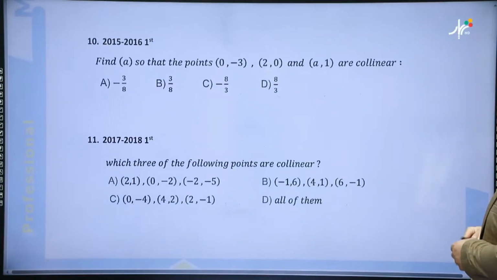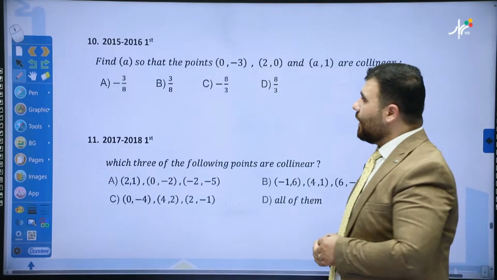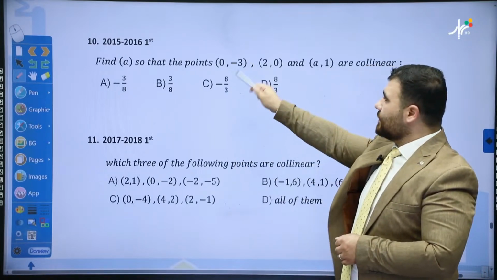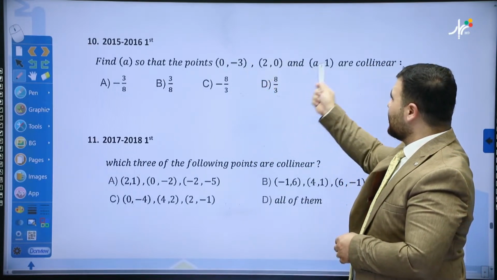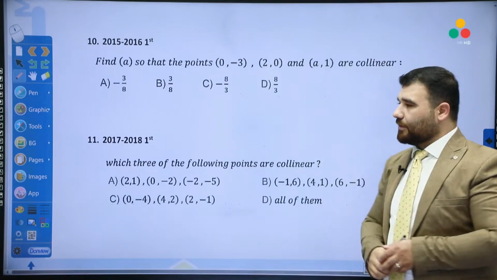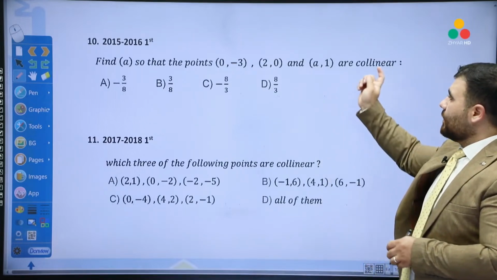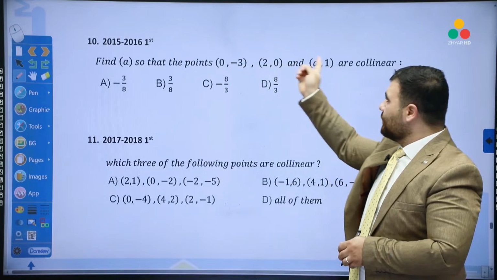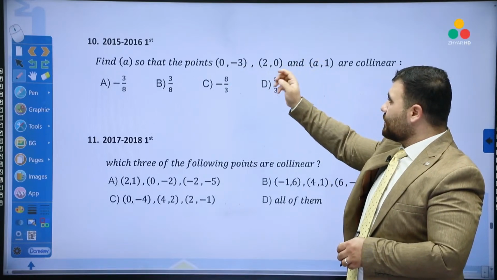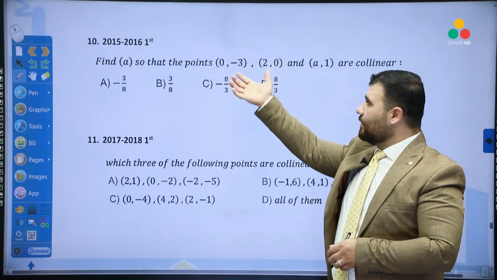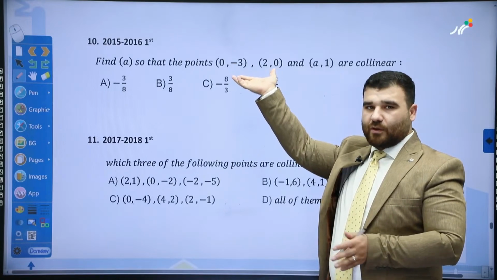This question. Find A so that points 0, negative 3, 2, 0, and A, 1 are collinear. Then the slope of these two should be equal to the slope of these two. Here, these 2 points are both known points.